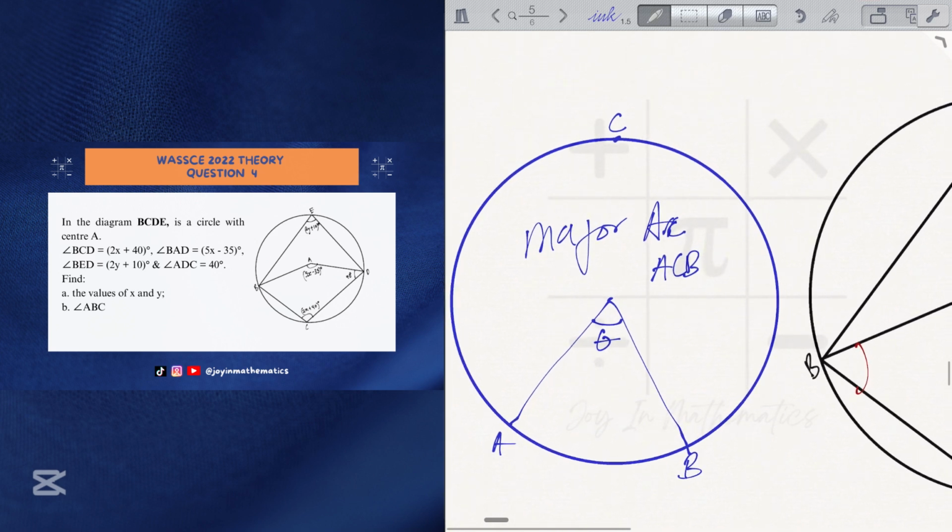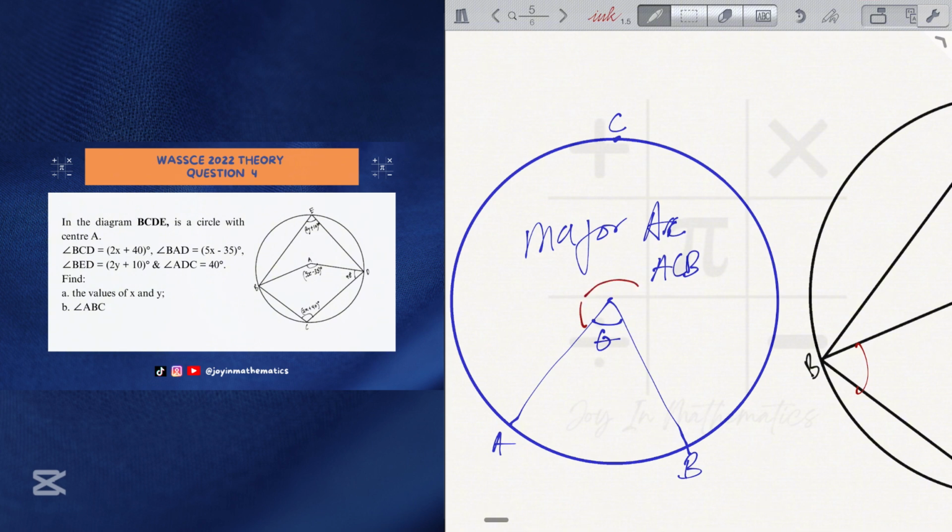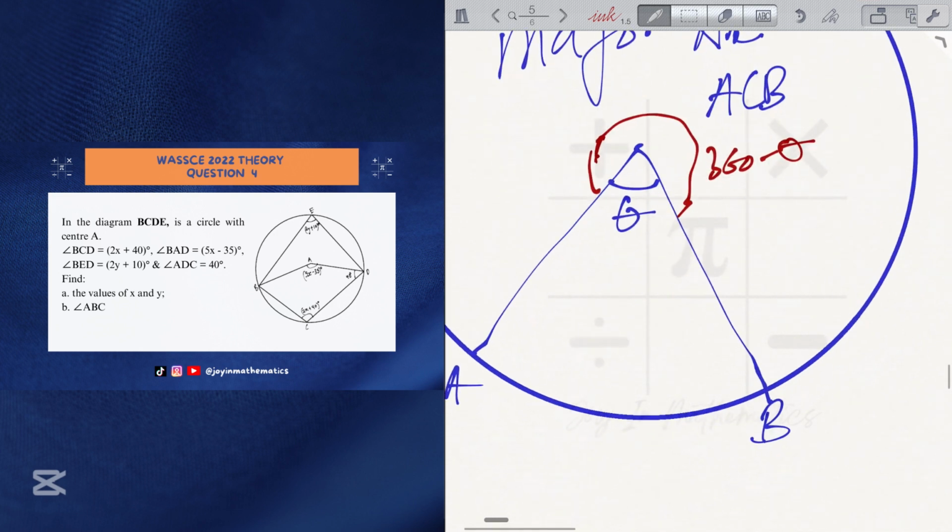Now what is the angle projected by this arc? The angle projected by the arc is going to be this angle here, that's 360 minus theta, because the sum of angles at a point is 360 degrees. Now this same arc projects an angle to the circumference. Let's call this angle beta.